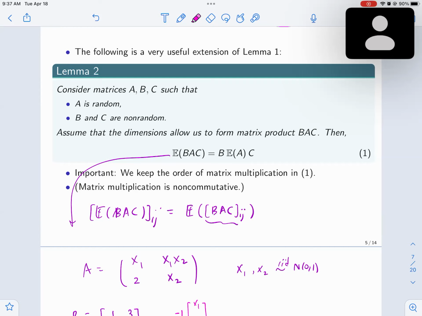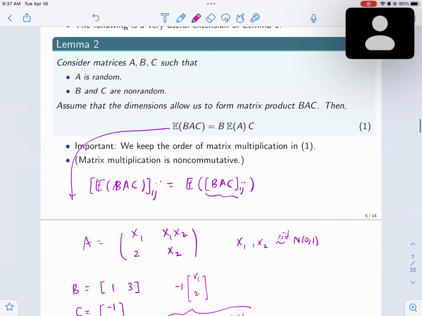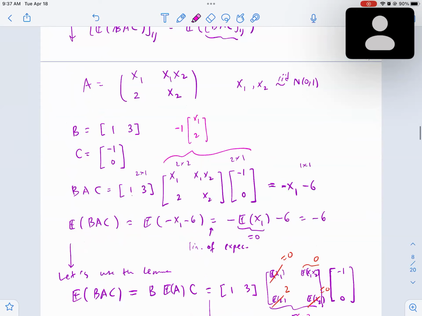The expectation passes through, and we did an example of this. So there's an important property that we'll use quite often, so it's good to get comfortable with this property. And now we're actually going to use it in this lecture.